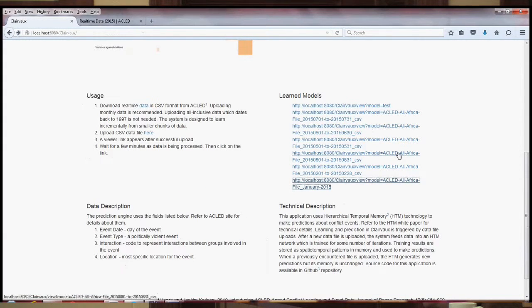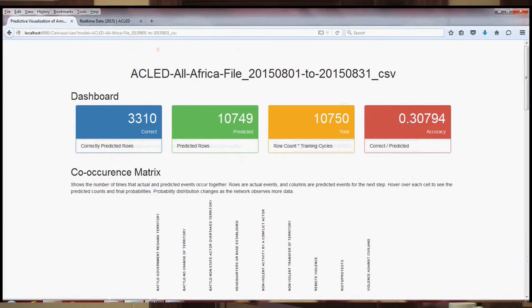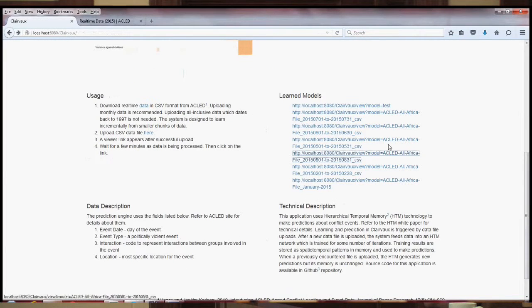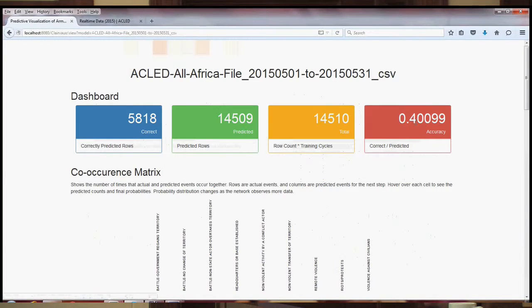So as I add more data, the accuracy starts to improve, here at about 30%, and here we're at about 40%. So it's possible to see this number go up even higher as I add more data. I've only put just a few files here for this demo.